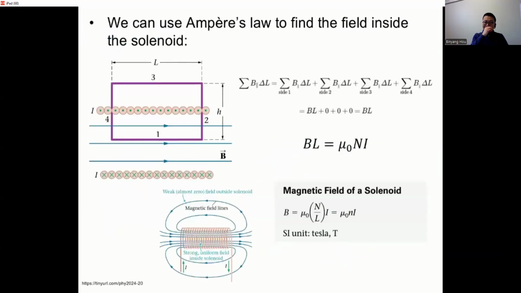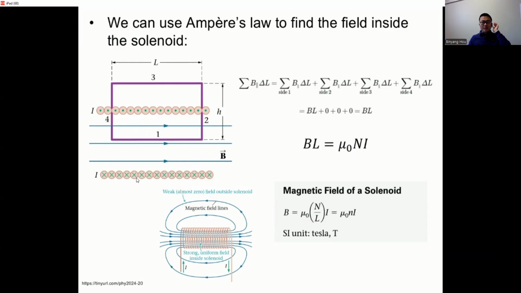So to calculate the magnetic field produced by a solenoid, we are going to just look at one of the cross-sectional areas. So you imagine there's a solenoid like this, and then if you cut vertically through the center of it and cut it into half, then you'll see current on top will actually point towards you, and then current at the bottom over here, it's going to point into the paper, into the screen.